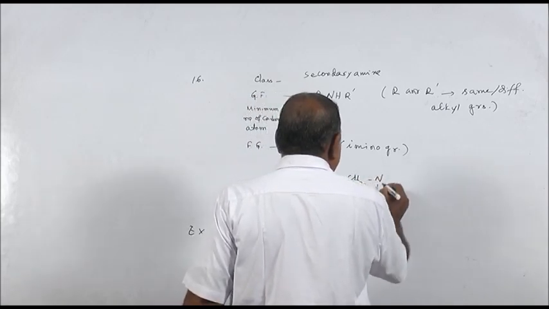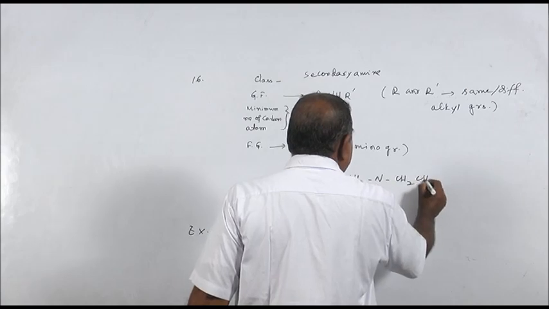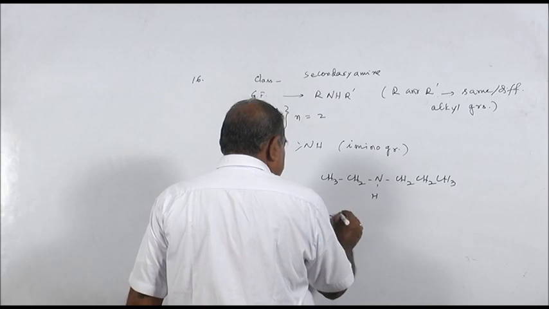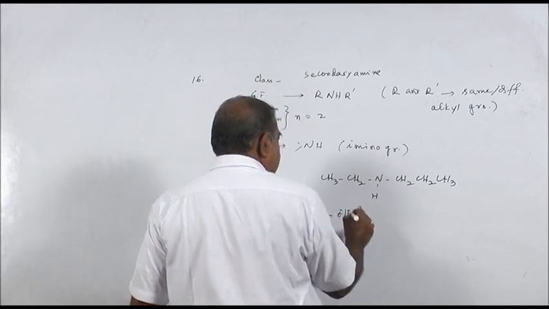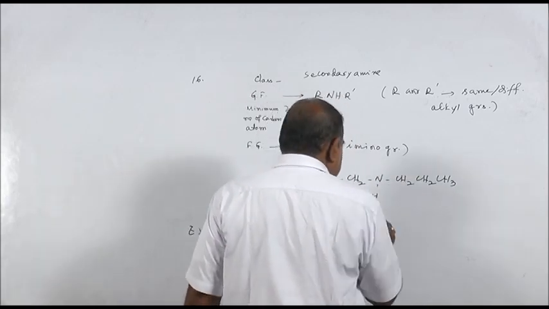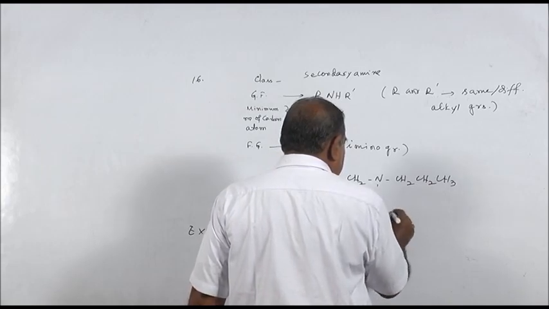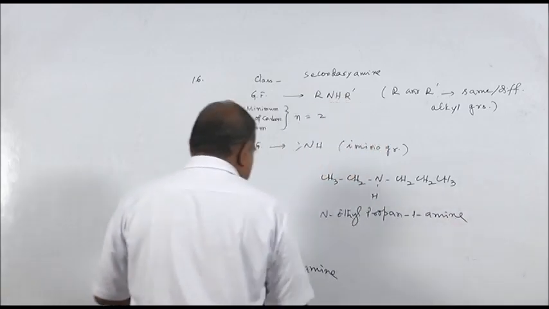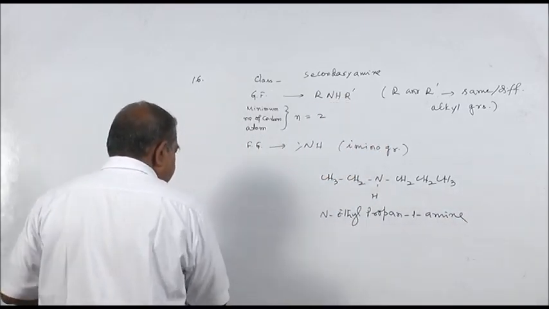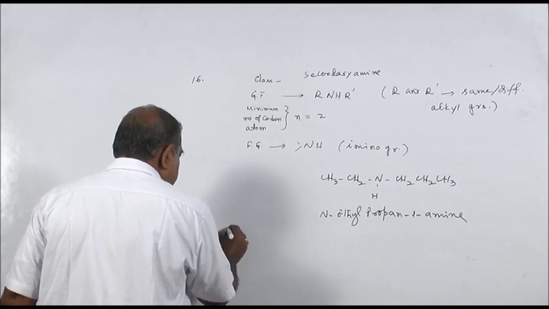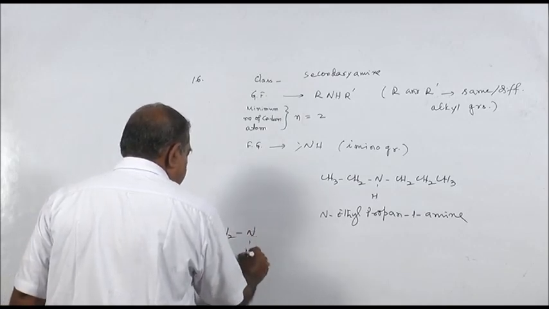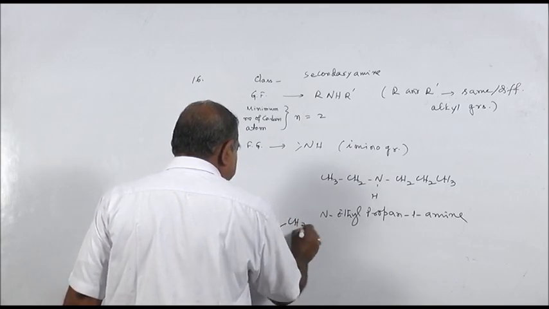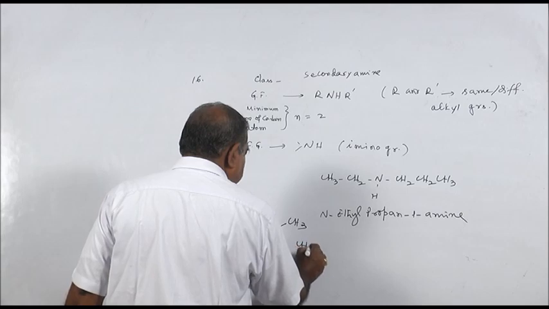Another example, say CH3CH2NHCH2CH2CH3. Here I am writing 3 carbon atoms this side, 2 this side, so the alkyl group will be N-ethyl. For position 1, the nitrogen is attached at the end, it is called propane-1-amine, because there can be another structure where nitrogen may be attached to the second carbon atom of the propane.